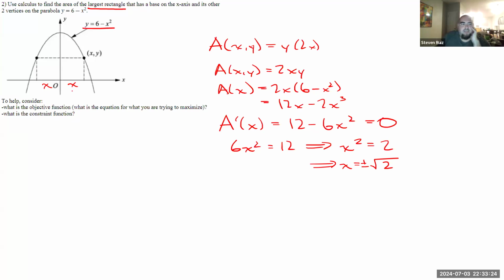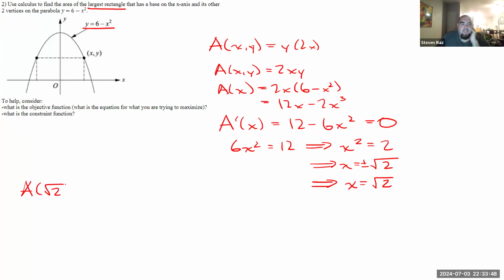Actually, I think by the way this diagram is set up, x can only be a positive value. So I think I have to say that x is equal to radical 2. And I want to find the area, don't I? So if x is equal to radical 2, I can go right back to my objective function.